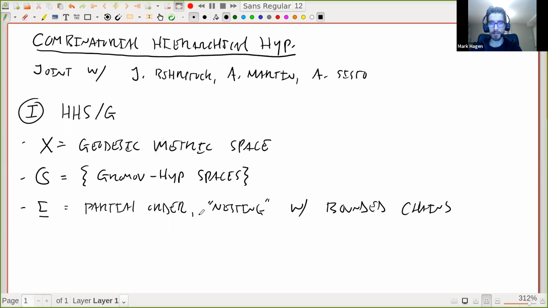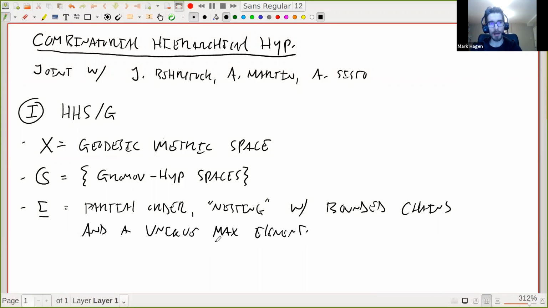I don't know if Federico used this word, but the complexity of the HHS structure is the bound on the chains in the nesting order. And there is a unique maximal element.